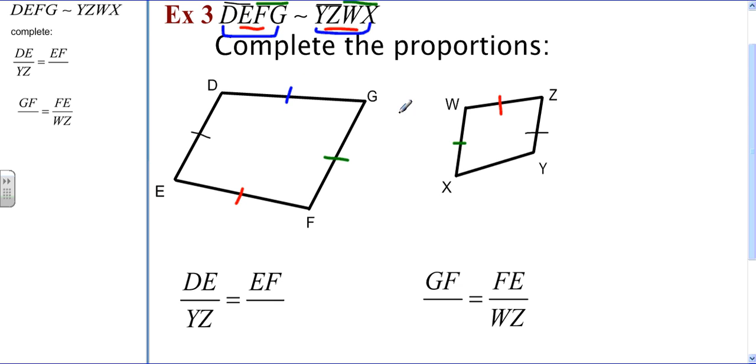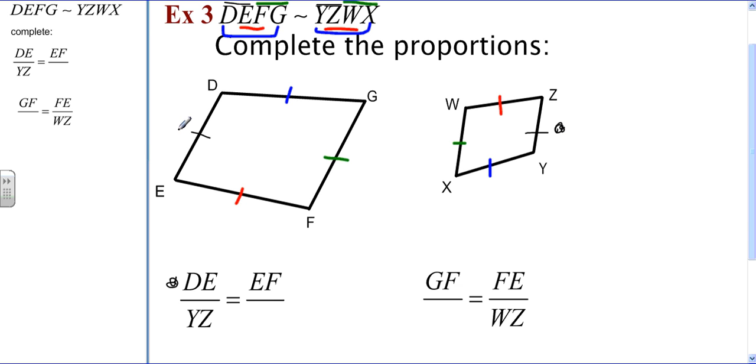So DG and YX. Okay, so now let's use our colors to help us complete these proportions, these ratios. Here we have DE, and in my figure on the left, DE was marked with the black pen. And then in the figure on the right, we have segment YZ. And again, that is marked in the black pen.